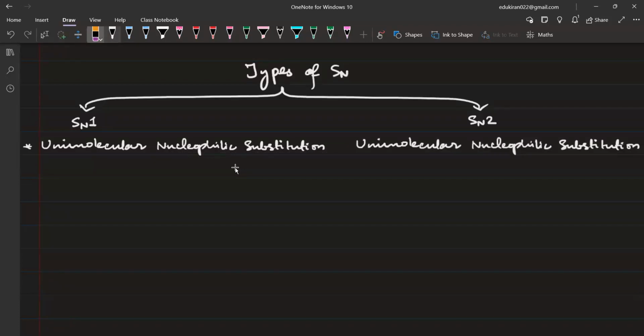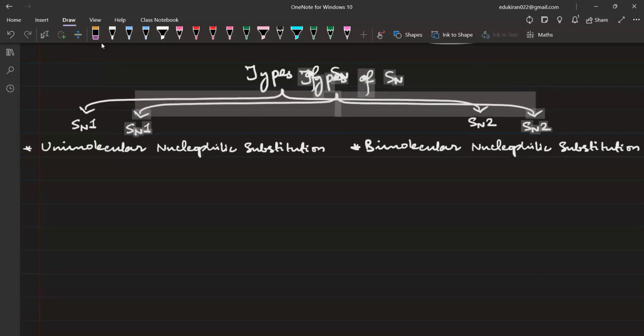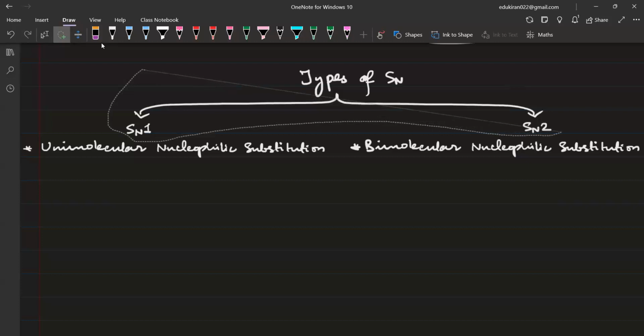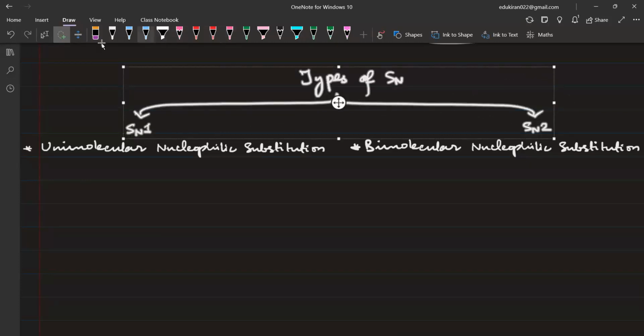And this is bimolecular nucleophilic substitution. Okay. We'll be looking at details of SN1 and then SN2.